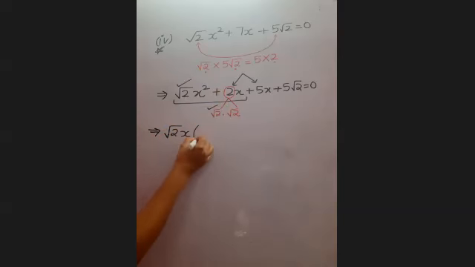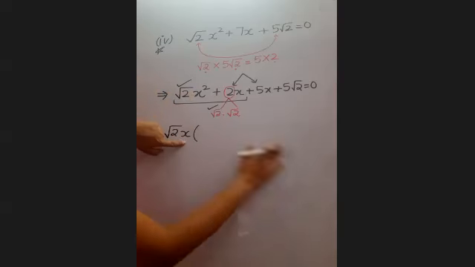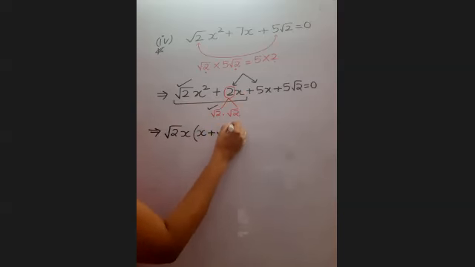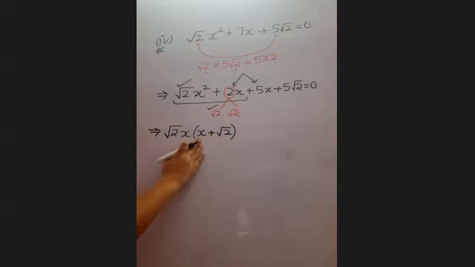So root 2x square, root 2x taken out, and what is left? X plus root 2. Now this root 2 is already taken out, x is already taken out. What am I left with? Ma'am, x plus root 2.